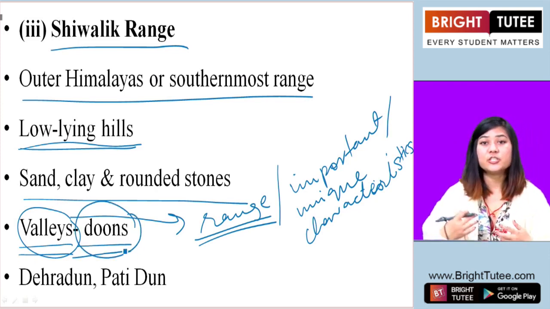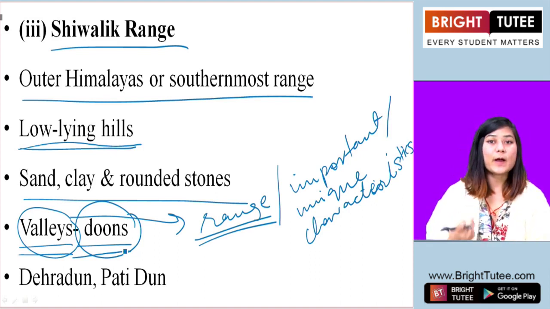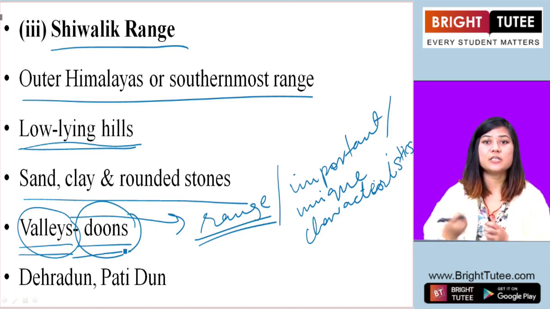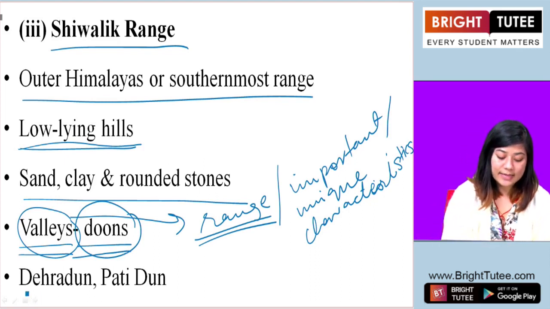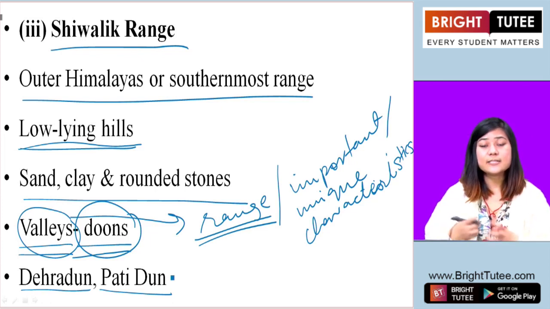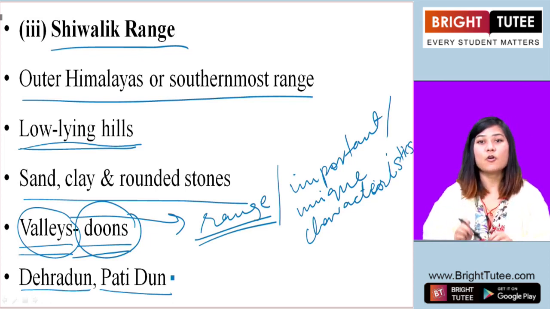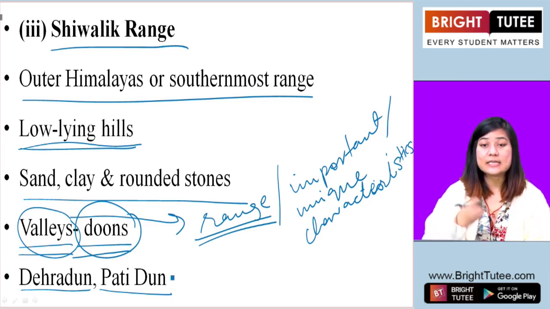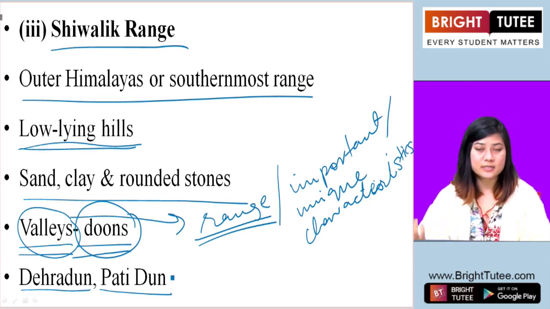Okay, they are not just any valleys, they are called dunes. That is why there are places named after the valleys, and they are Dehradun, Patlidun, etc. Okay, this is because they lie in such a landscape which is called dunes, and from the name of the landscape the name of the place has been derived.